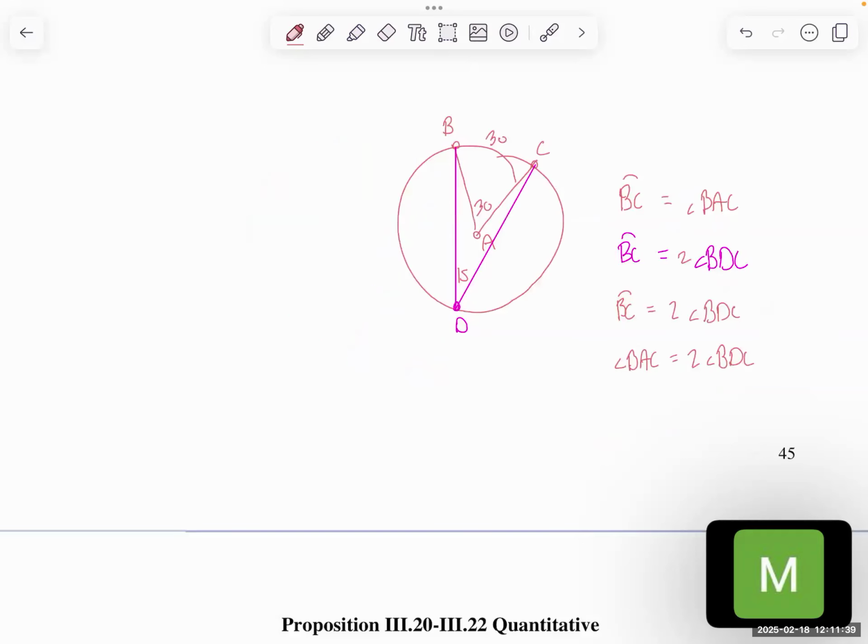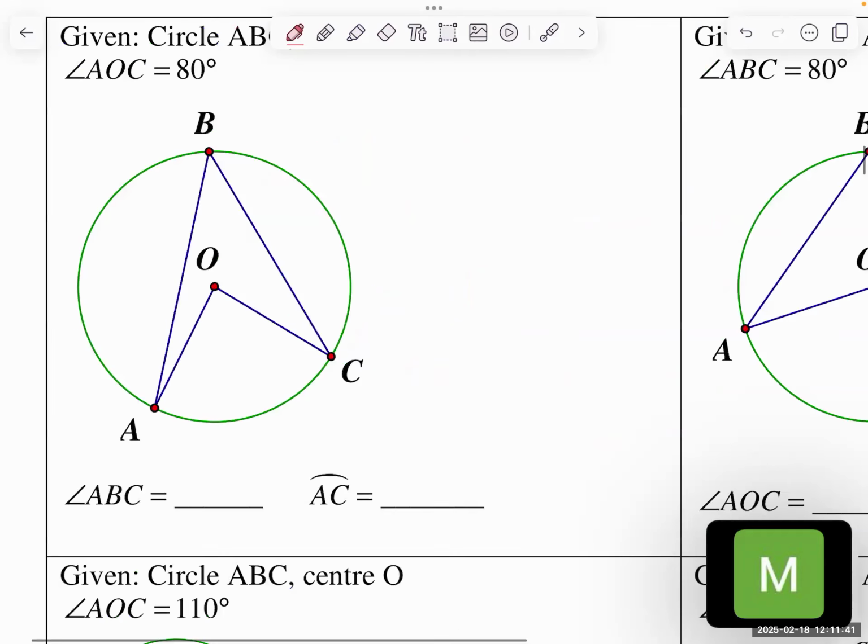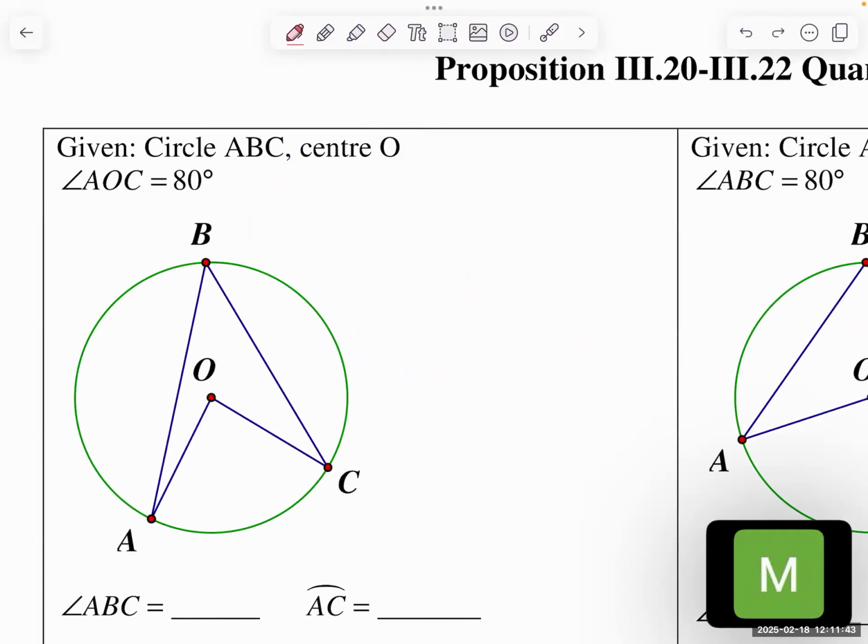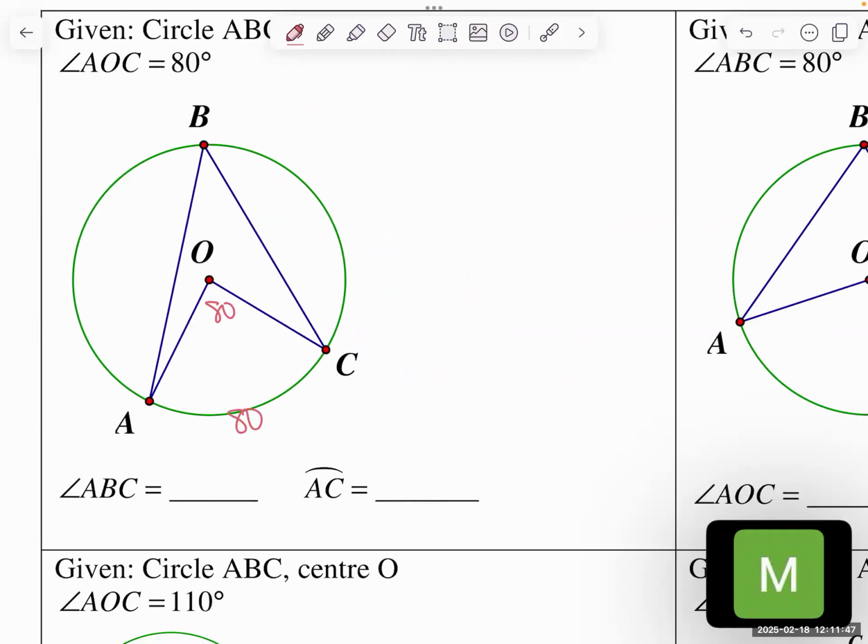So if I look at something like this, since it tells you O is the center, the central angle here is 80, so then AC is also 80. And since I'm asking about ABC, angle ABC would be 40 because it's half of this guy.